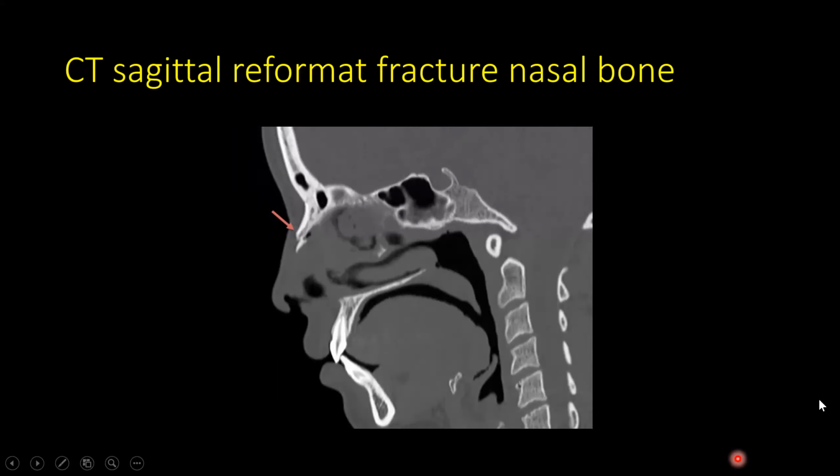This is just a selected view, mid-sagittal plane of the CT, and it shows you fracture of the nasal bone. So let's revise a bit of the anatomy. Again, you have the sphenoidal bone, sella turcica, dorsum sellae, and this is the sphenoidal sinus.